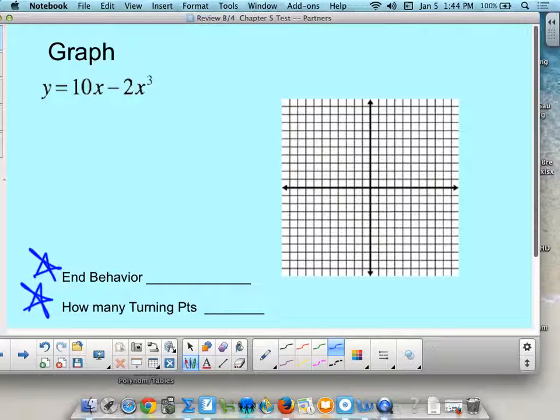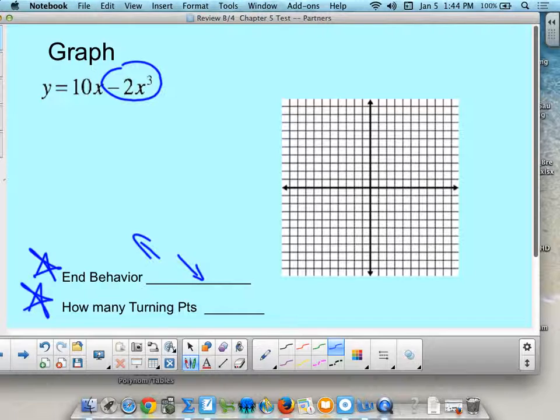Down, down? No. Up, down. Which term do you care about? Only the highest degree term. It's odd. Odd acts like lines. The leading coefficient is negative. It's a line going down is what it is. So it's up, followed by down.